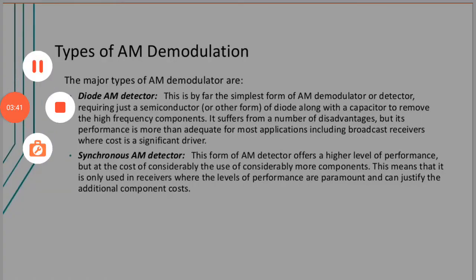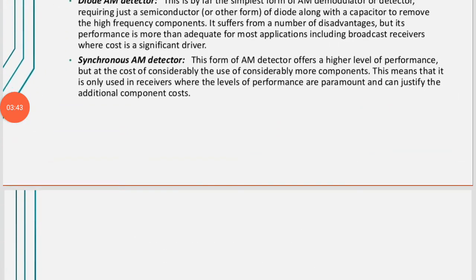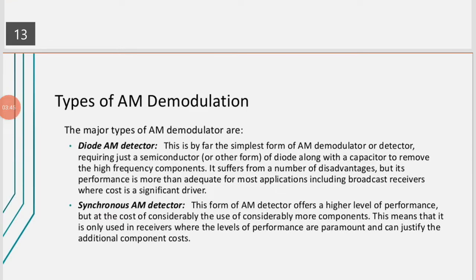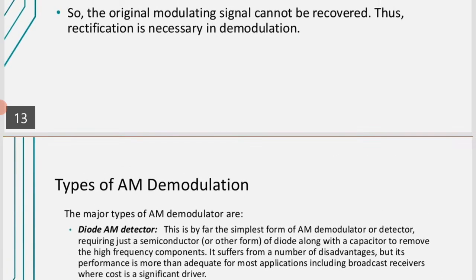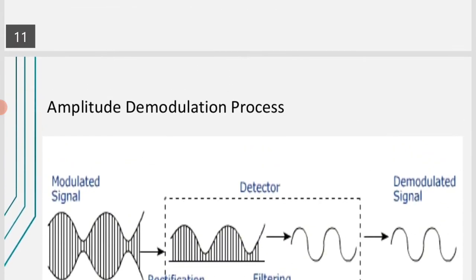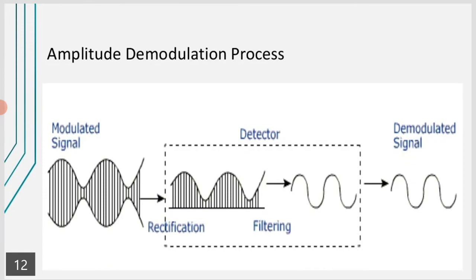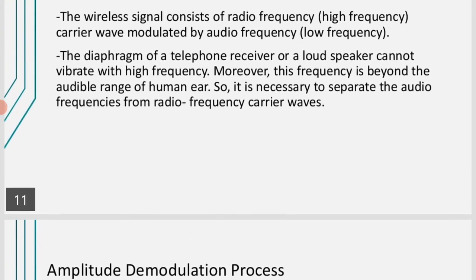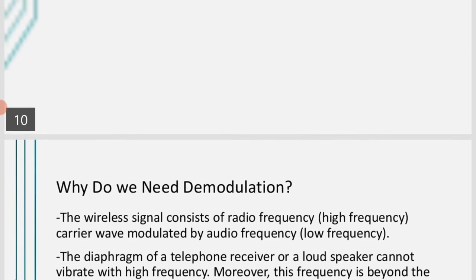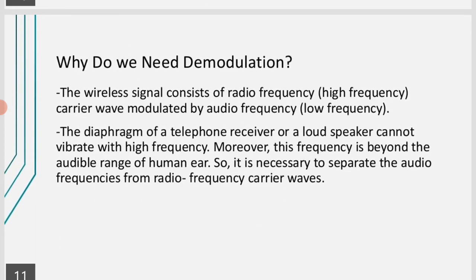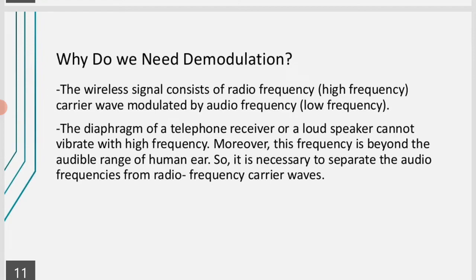In this way we have seen the AM demodulation process, the different types of AM demodulation, and how the demodulated output is obtained. Firstly, we saw the demodulation definition: it is the reverse process of modulation. After that, we saw why we need demodulation: because the original data and the noise can be separated from the original signal.